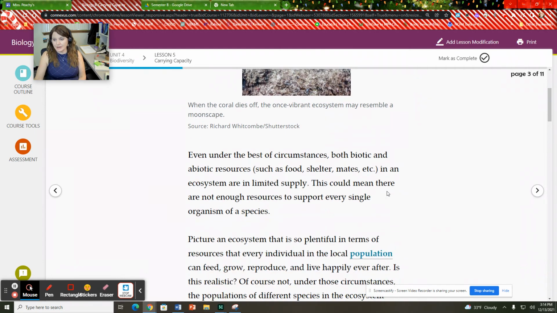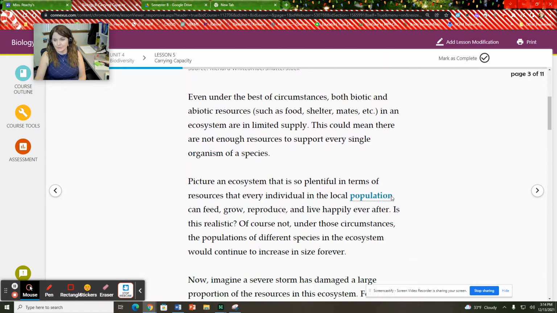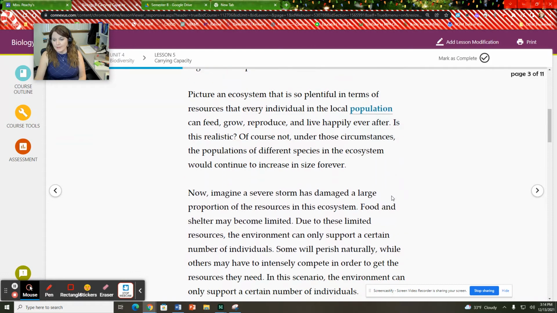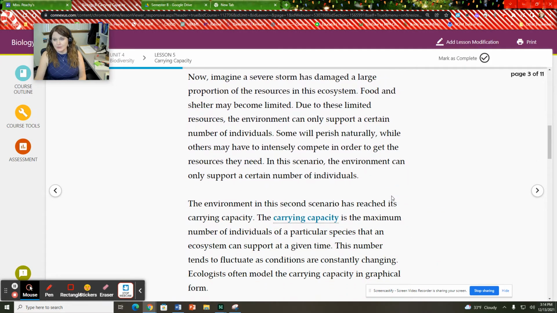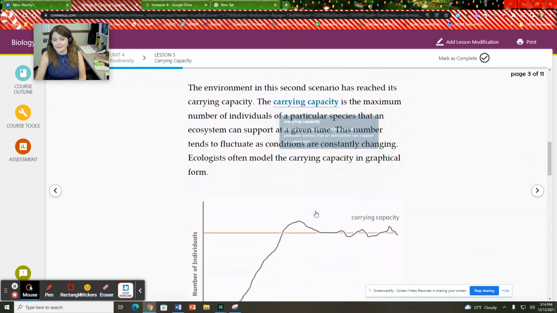In the next slide, we talk a little bit about population and how populations will grow. Remember, population refers specifically to living things within an ecosystem, right? So any particular ecosystem has what's known as a carrying capacity. The carrying capacity is the maximum number of individuals of a particular species that an ecosystem can support at any given time.